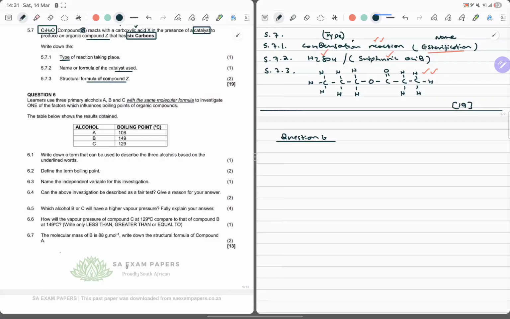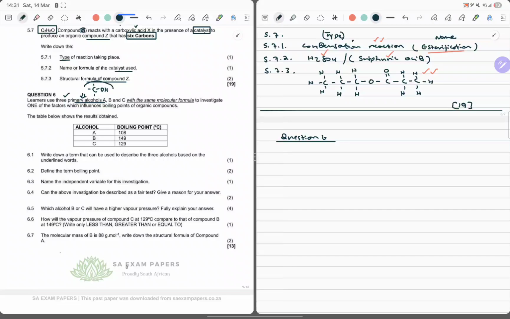Question 6 says, learners use 3 primary alcohols, A, B, and C. Can you see? They are primary. Now, what does that mean? By definition, what does it mean? It means the OH, the hydroxyl group, is bonded to a primary carbon, which is bonded to other carbons.